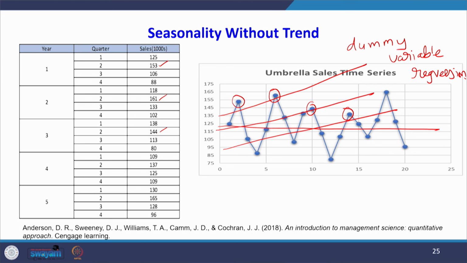When you use dummy variable regression, you can forecast values for each quarter instead of considering a single data set. So, when you forecast for each quarter, the overall mean squared error will decrease, and that will provide a more accurate model.